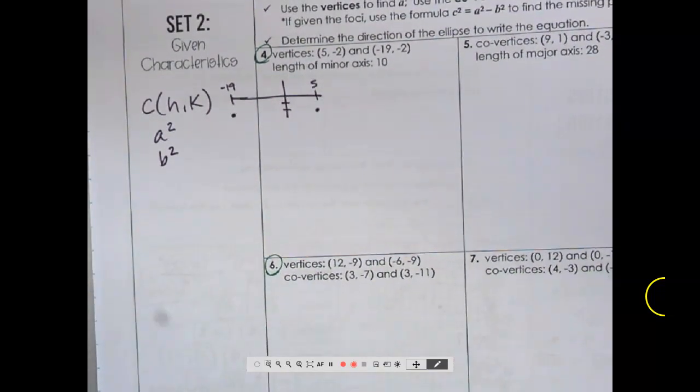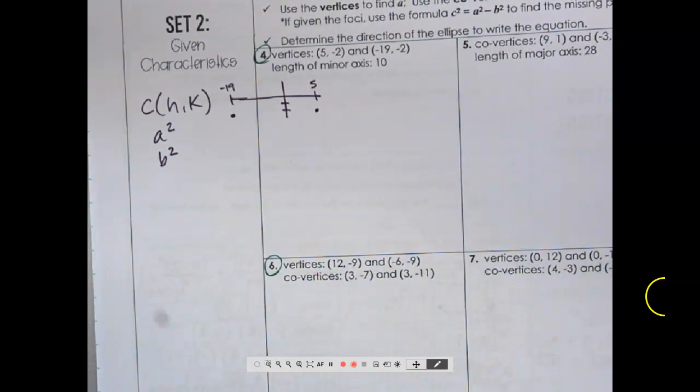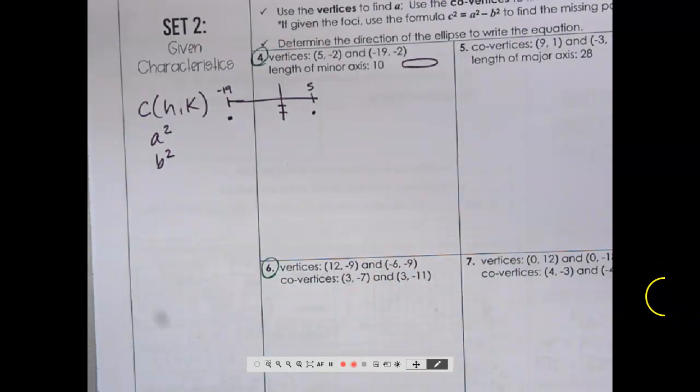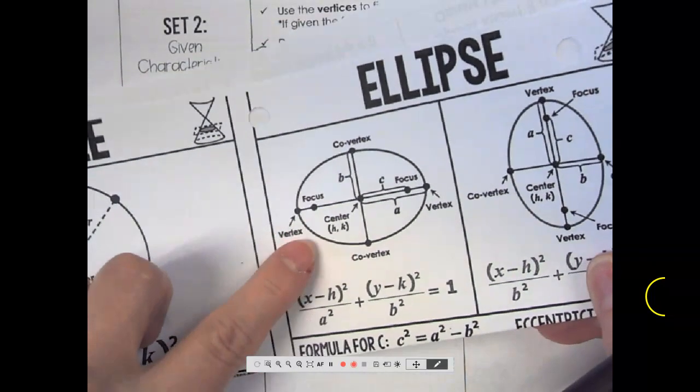Okay, now that is not to scale. It just gives me a visual. That's where the vertices are. Therefore, is this horizontal or vertical? Horizontal. So it's a horizontal ellipse. When I go to write the equation, I'll choose the one that goes with horizontal.